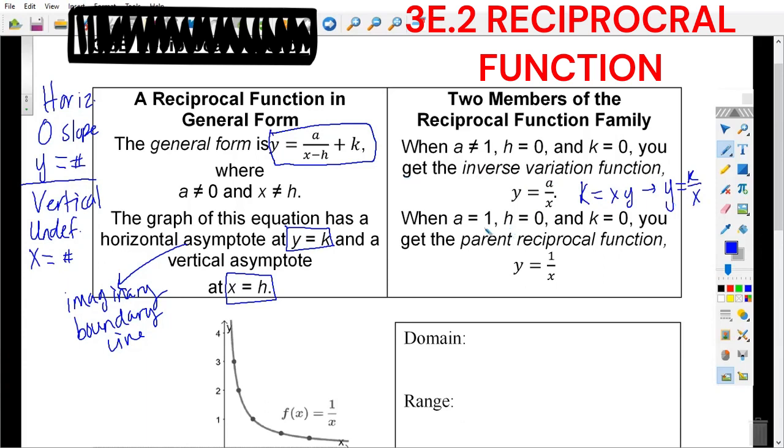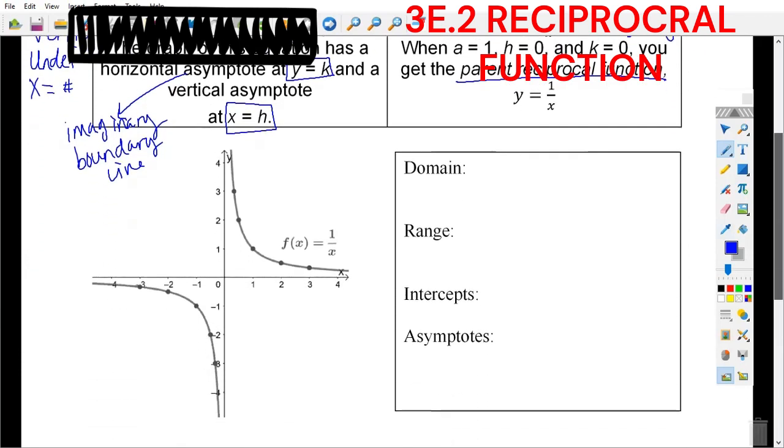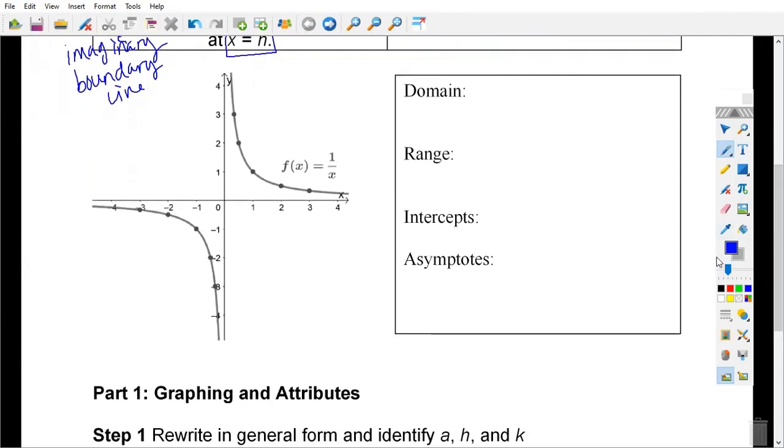When a equals 1 and h equals 0 and k equals 0, that's where our parent function comes from. The parent reciprocal function is called y equals 1 over x, okay? So what we have graphed here is our parent reciprocal function. So you either can use a dashed line or a highlighter, whichever one you want, or half.